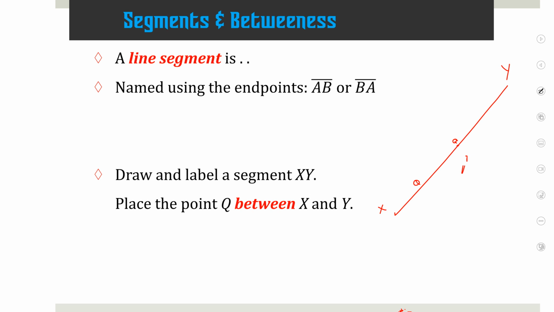Okay, I know what you're saying, but your terminology is a little sloppy. Instead of the line crossing the point, can't we just put the point on the line segment? Yeah. Okay. So between, we're simply going to define as being on the line segment. Q is between X and Y if Q is on the line segment XY.